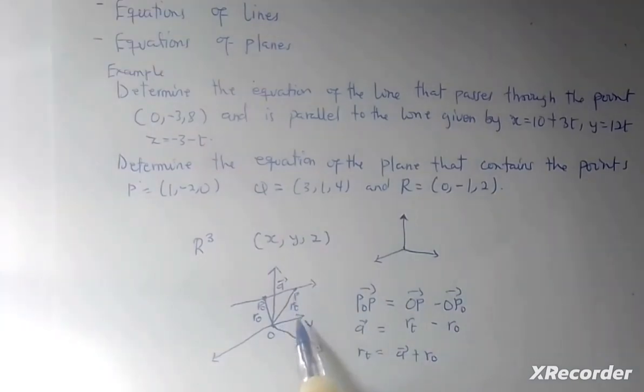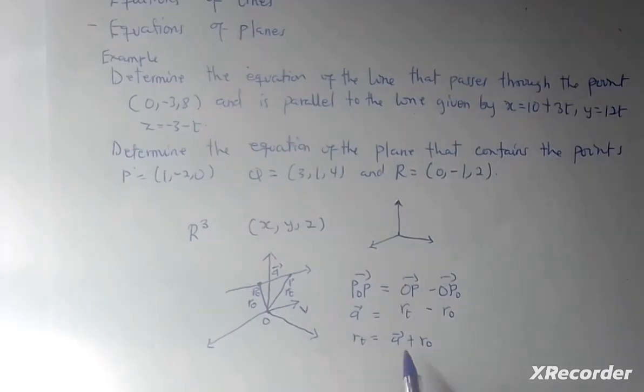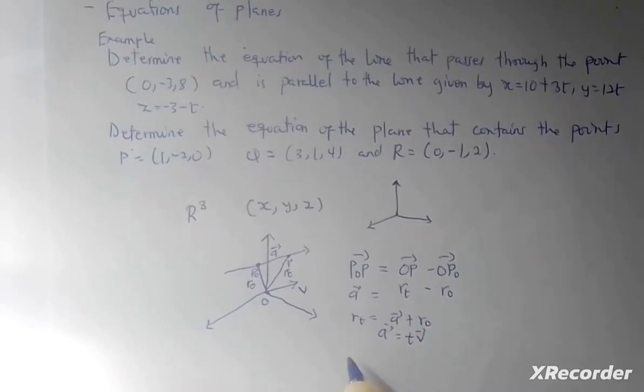We know that this and this are parallel, and for two vectors to be parallel, one will be a scalar multiple of the other. Hence, A here is simply equal to a certain scalar t multiplied by the vector v. Therefore, my vector equation of the line is going to be R(t) equals R0 plus tV. This is basically the vector equation of the line.